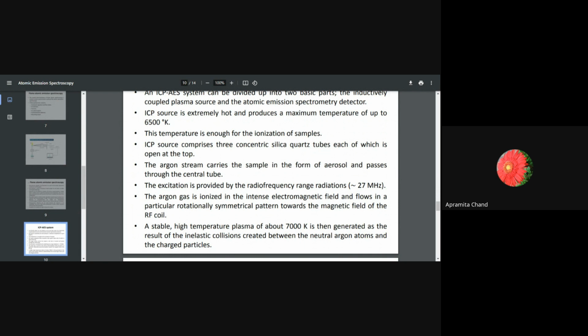So all these points can be used for writing the answers of how the source works, why argon gas is used for the source, and what is the role of argon gas in the particular ICP torch.